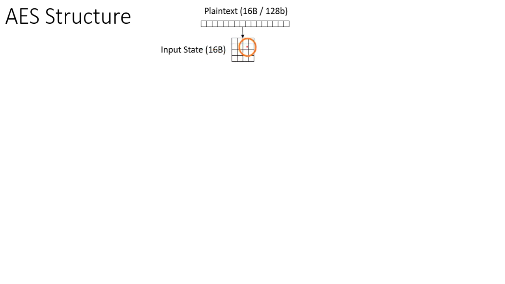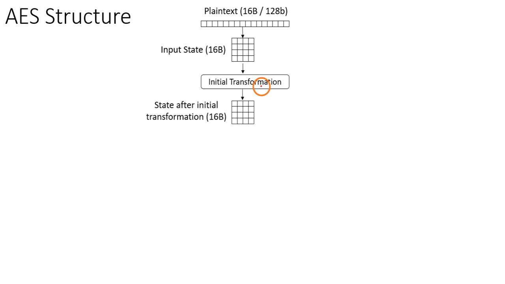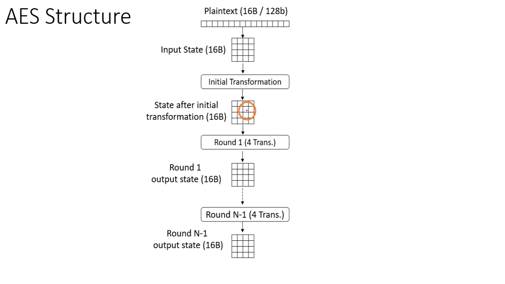Now this input state goes as input to the initial transformation step. Some changes are made to the input state, and the output will again be 16 bytes. This output of the initial transformation step goes as input to round 1, where in each round there are 4 transformation steps applied.